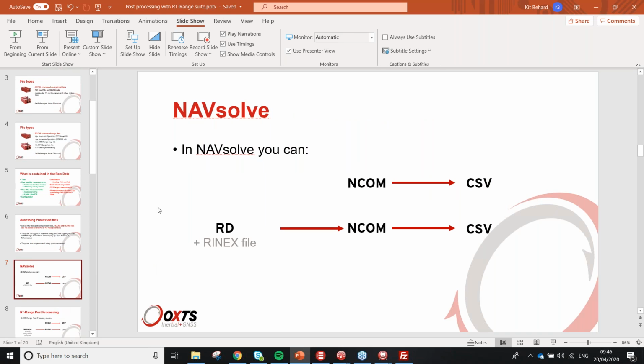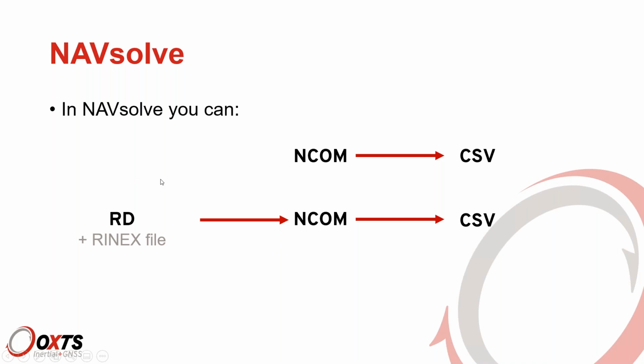So the first thing you'll probably need to do is use the NavSolve application in NavSuite. I won't go into too much detail on NavSolve because we do have a whole webinar on post-processing using NavSuite.